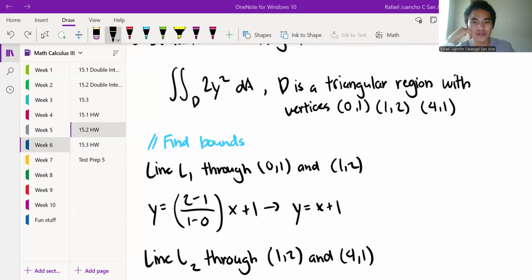I mean, you know what? Let me try. Yeah, I think that's my issue with this stuff, is I don't know how to find the bounds exactly. But I could do it, right?